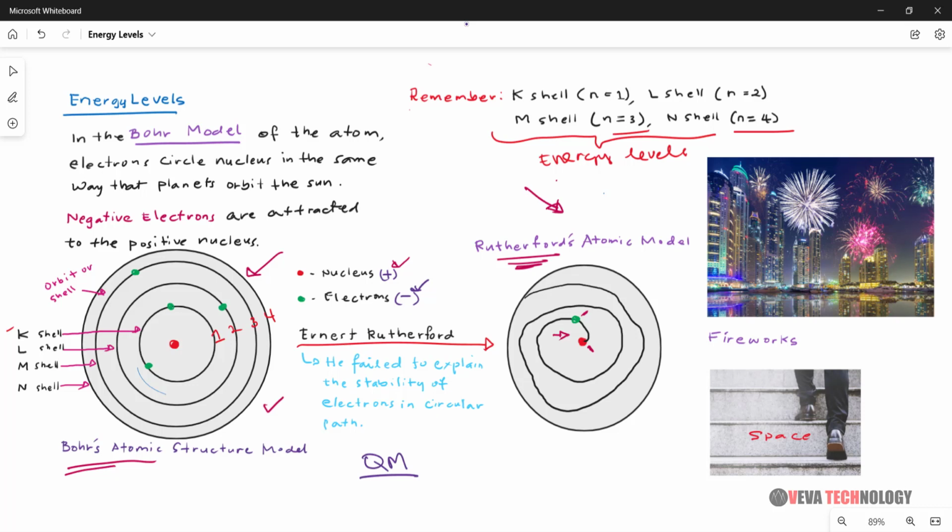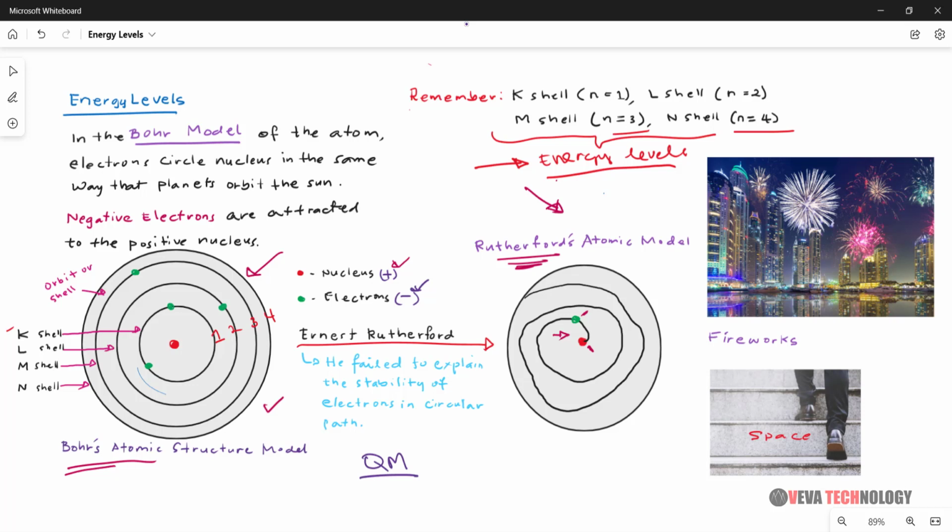As I mentioned earlier, orbits, electron shells, or even circles are terminologies that we can use if we are referring to energy levels. So don't confuse the terms. Energy levels are fixed distances from the nucleus of an atom where electrons may be found.